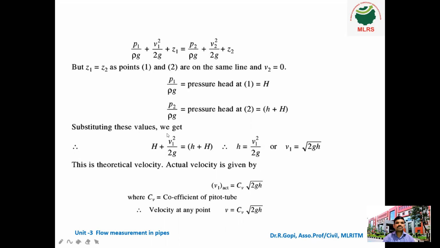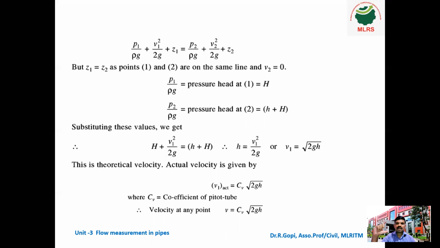So substituting these values, P1 by rho g is capital H, because at point 1 the pressure head is capital H only. While entering the pitot tube, at section 2, the water level increases in the pitot tube. That is the small h.